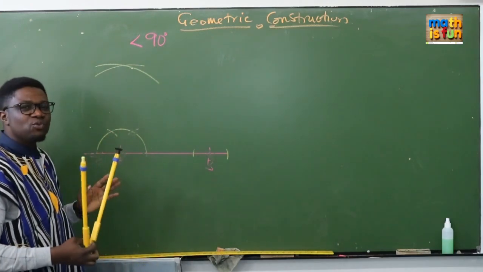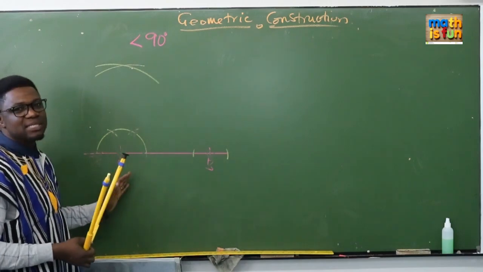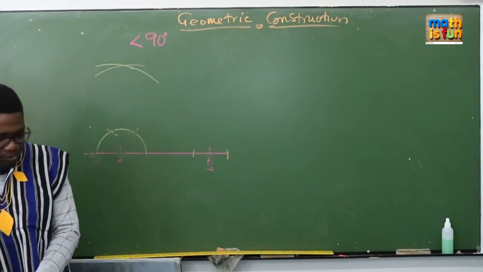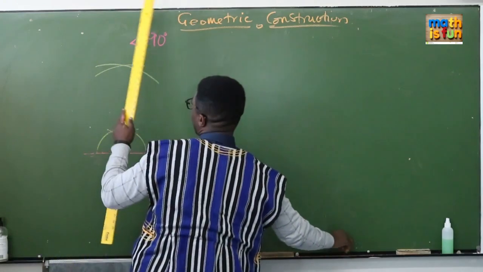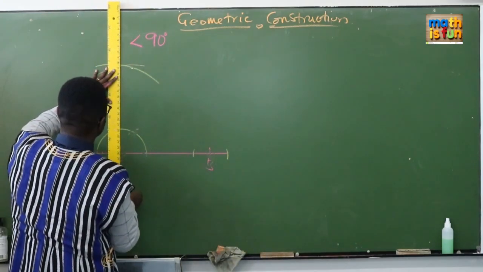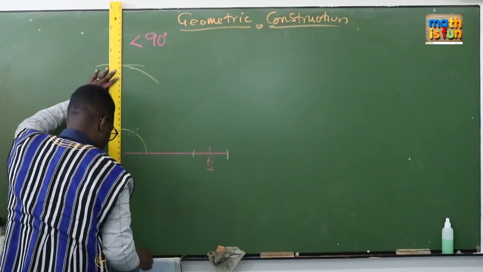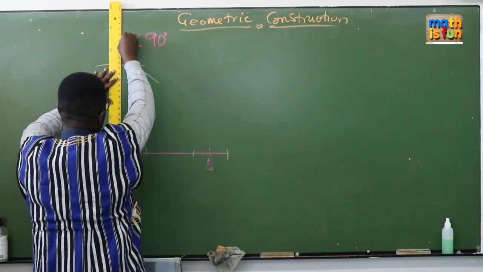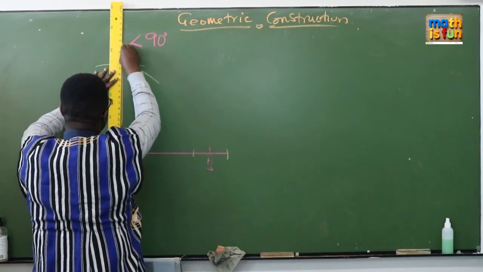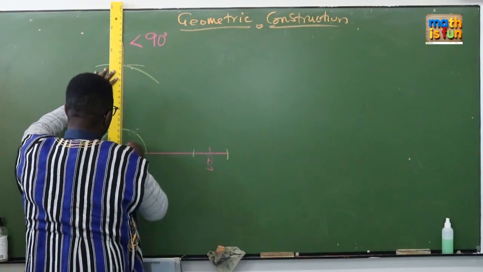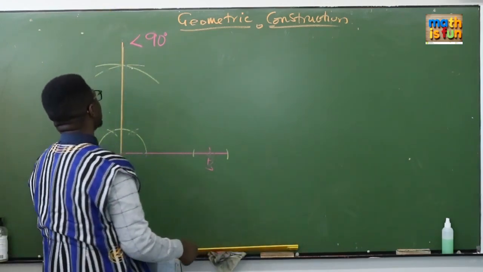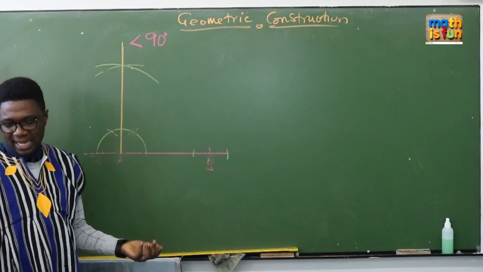Then we can draw our line through by using our ruler and our pencil. So I just go here and I draw a straight line coming down to point A. You make sure that you don't move your ruler or anything. A straight line coming to point A, and your 90 degree is done.